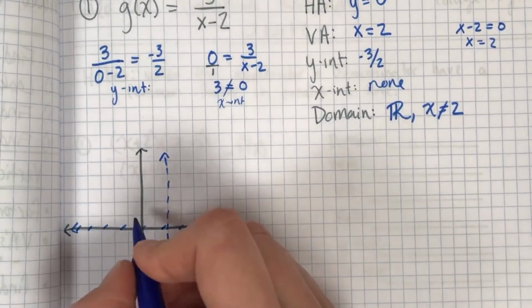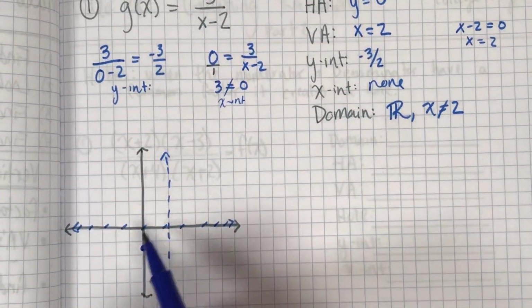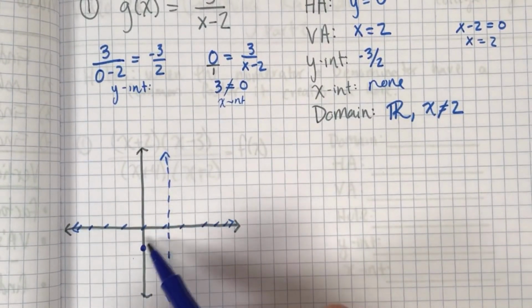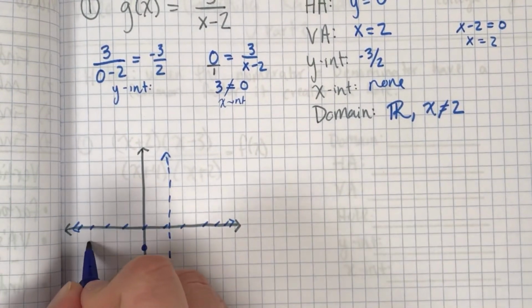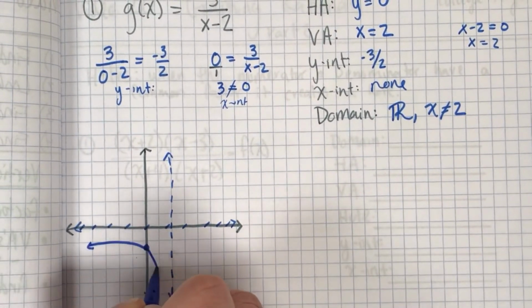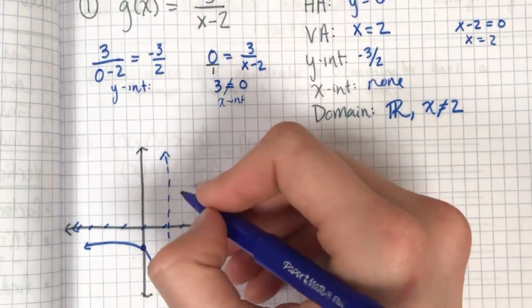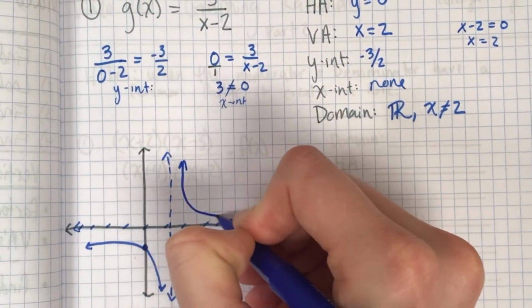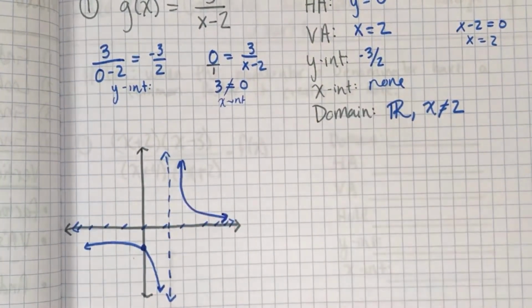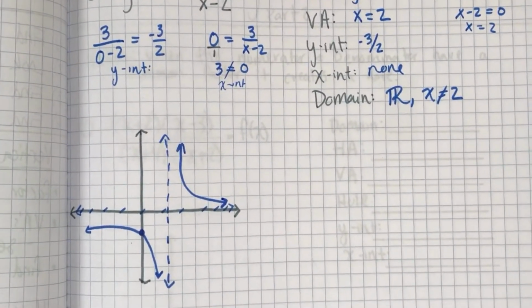I know that my y-intercept is negative 3 halves, so I know that my graph is going to be on these two sections. I just estimate a little bit, but use your graphing calculator to really know what points we're looking at. All right, and so there we've drawn our rational function.